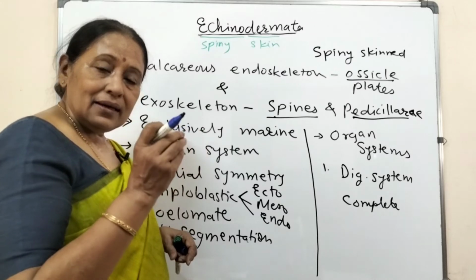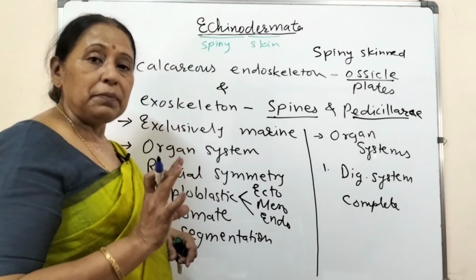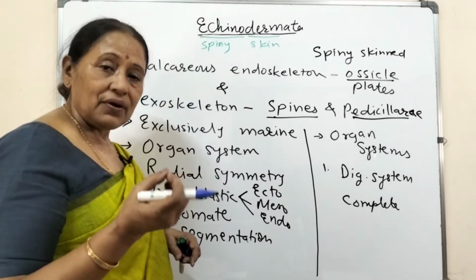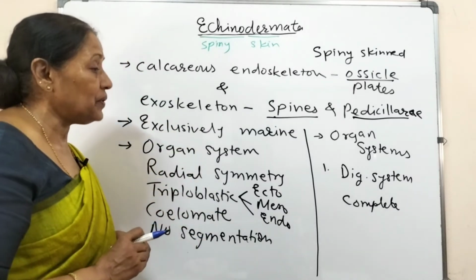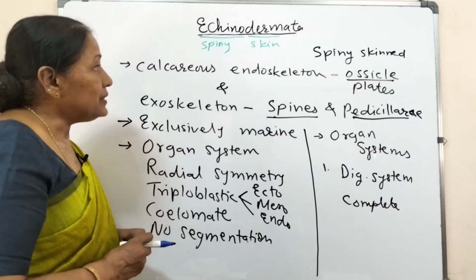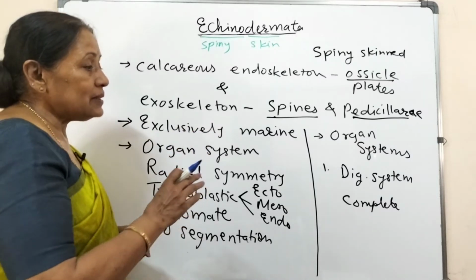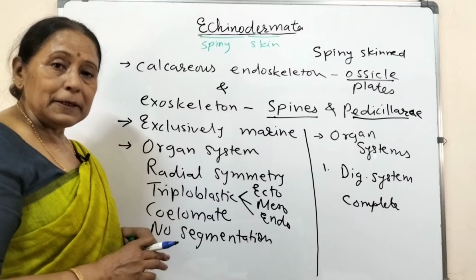Complete means the alimentary canal has 2 openings, one for ingestion and one for egestion. There are many organisms which have only a single opening for ingestion as well as egestion. So in echinoderms, the digestive system is complete.